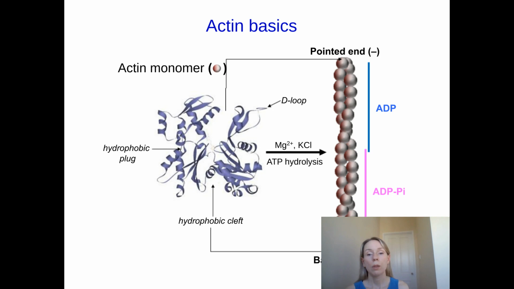There are several regions in the actin monomer, such as the D-loop, DNase binding loop, hydrophobic cleft, and hydrophobic plug, which are involved in the self-assembly interface. This means that those regions participate in actin-actin contact as the monomer transitions into the polymer.